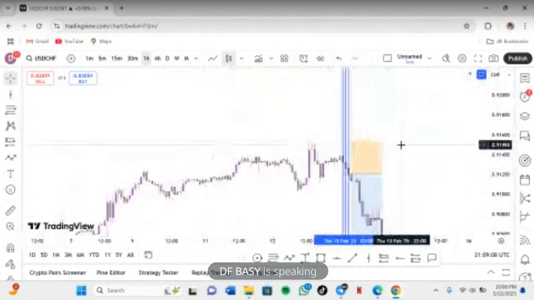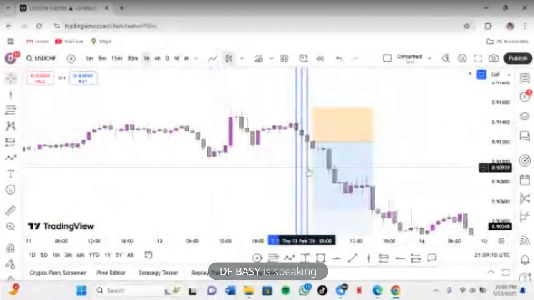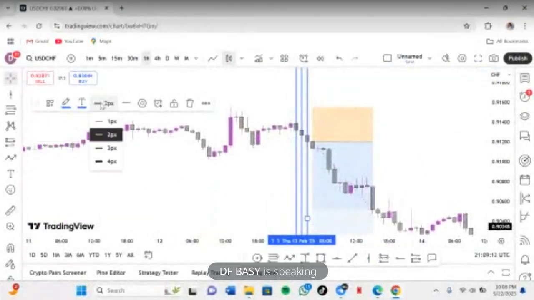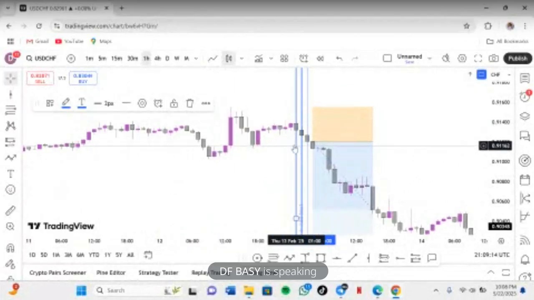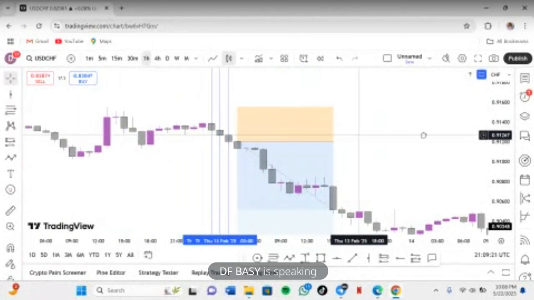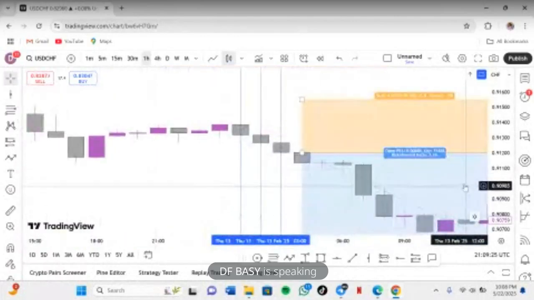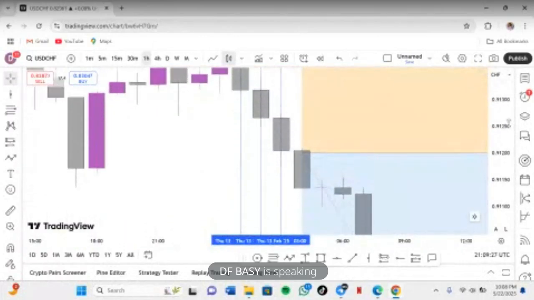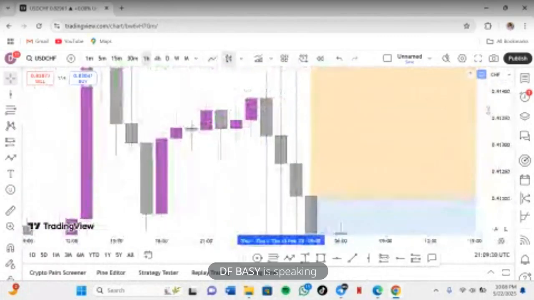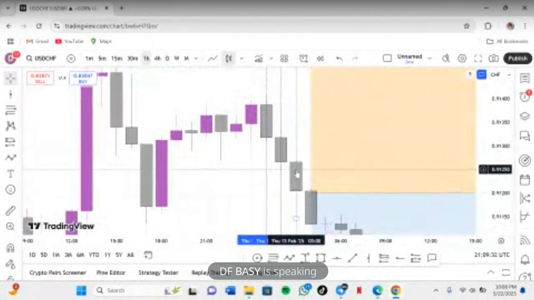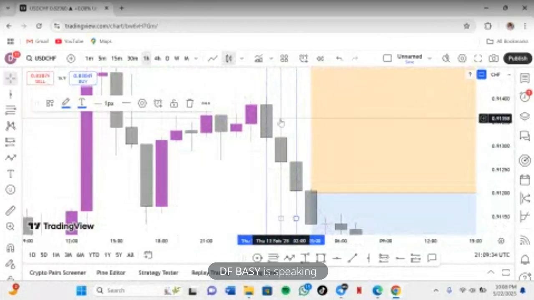Okay. So zooming in, what do we have here? The three black crows. The three black crows is just an inverse of the three white soldiers. Remember, the three white soldiers are three bullish candles, but now the three black crows are bearish candles.